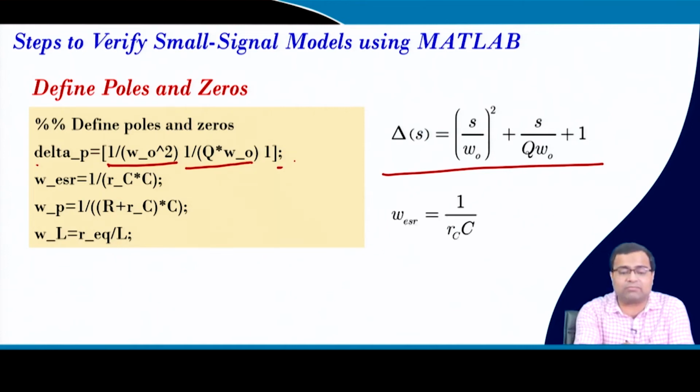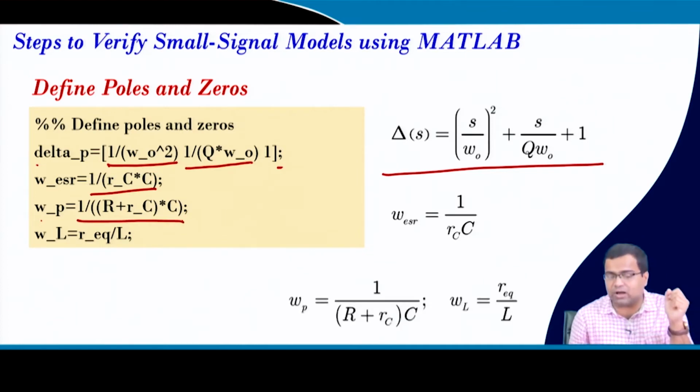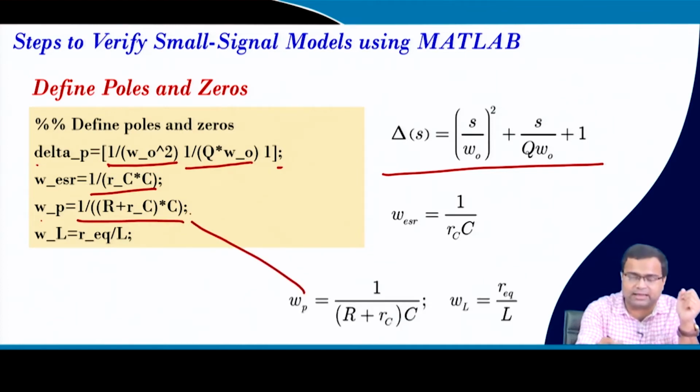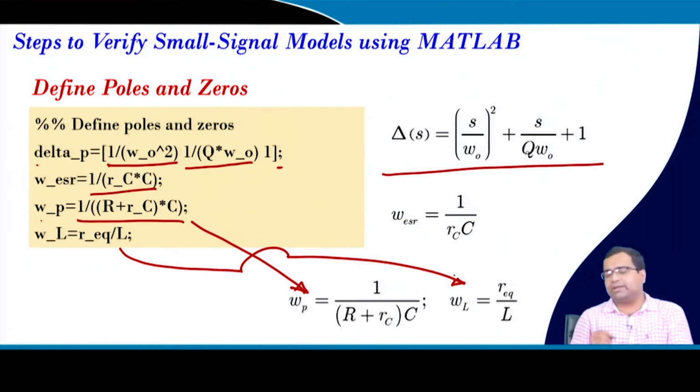Then ESR zero is 1 by RC, simply set here as ESR. The ESR zero is just a constant, so we do not have to bother about it. Then there is the pole, which is here, and the other zero, which is here, R equivalent by L.